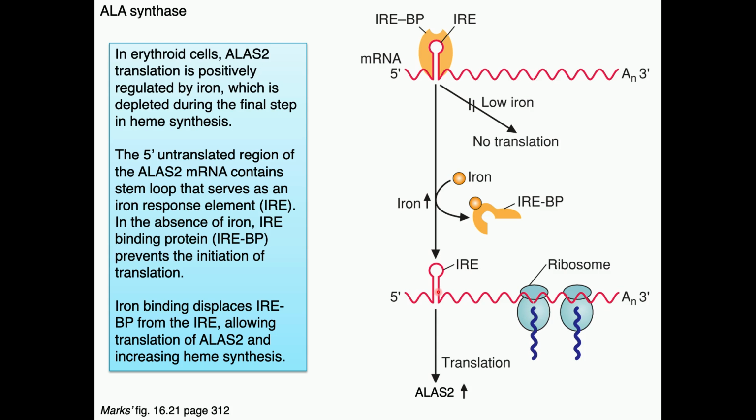So it's efficient. Okay, when iron is replete within the cell, iron will bind to those iron response element binding proteins, and the iron binding changes the conformation of the proteins and releases the ALAS2 mRNA from the iron response element binding protein, and that relieves the translational inhibition, allows the ribosomes to access the message and to synthesize the ALAS2 protein.